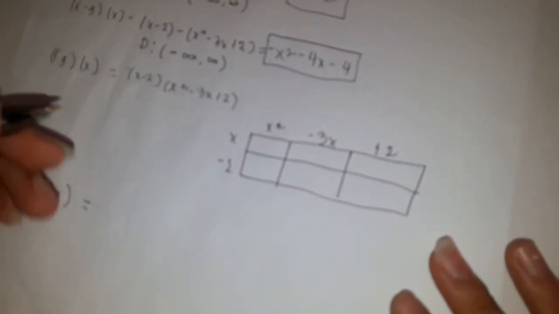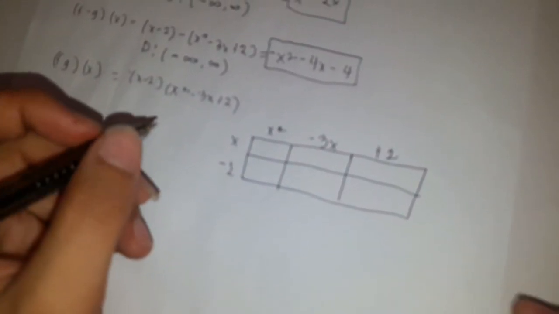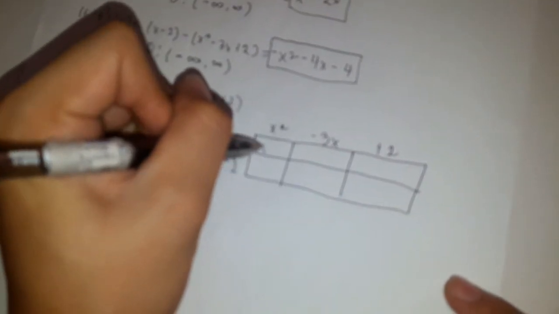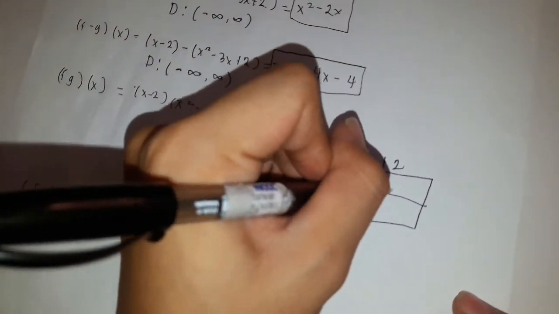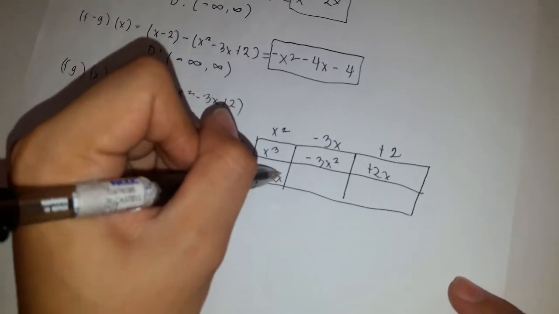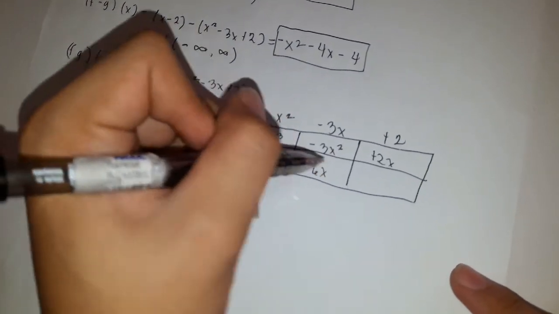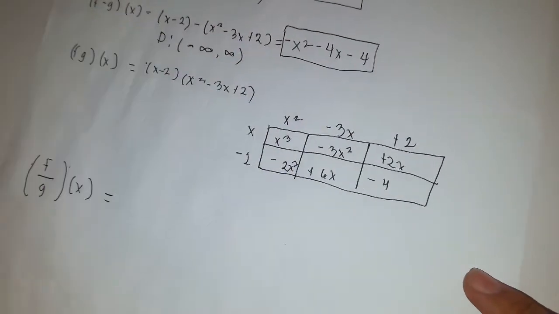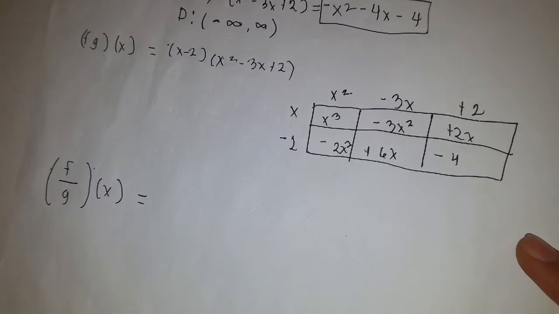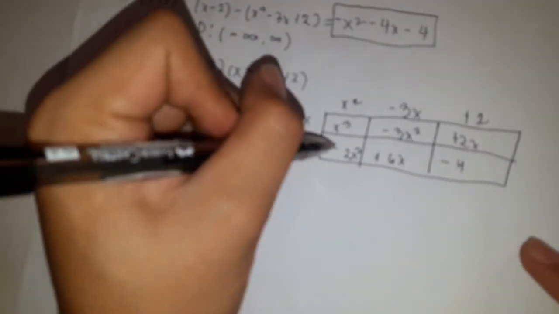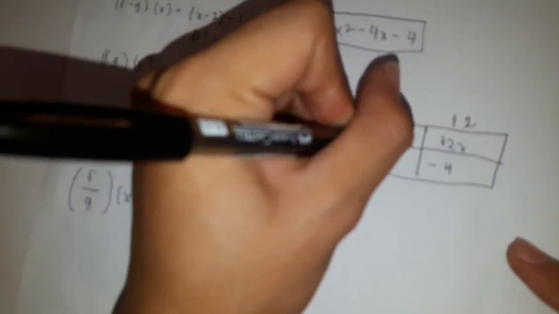Well, just multiply to find the area of each box. So x cubed minus 3x squared plus 2x minus 2x squared plus 6x and minus 4. As long as you have your polynomials in descending order, you have like terms in the diagonals, so it's easy to combine like terms on the diagonal.